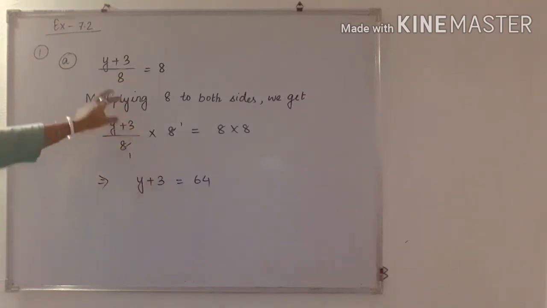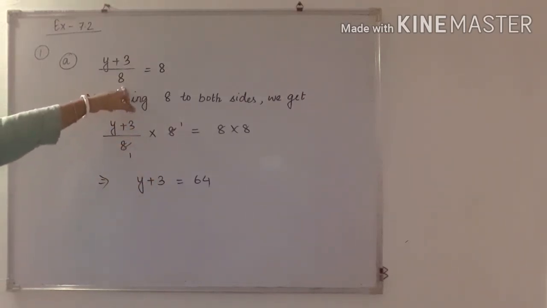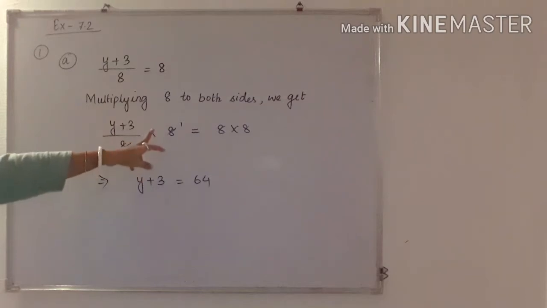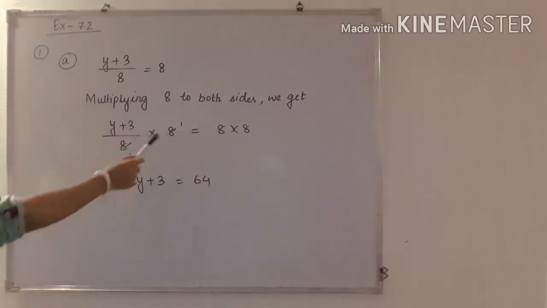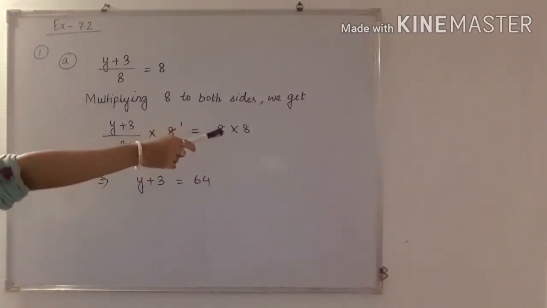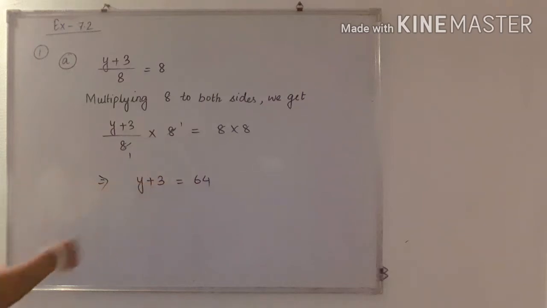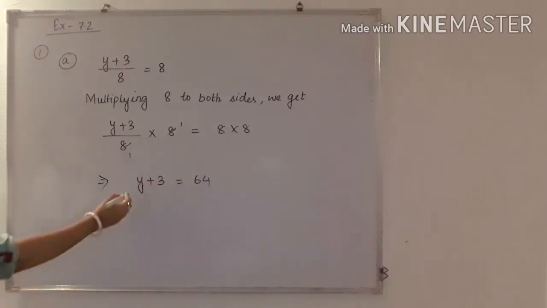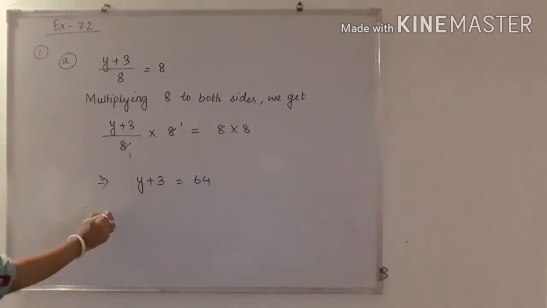That means we have to remove 8. So how to remove it? We can multiply by 8 on both sides, so that it will get balanced again. So 8 will get cancelled, and on the right hand side 8 into 8 will be 64. So finally, what is the value of y plus 3?